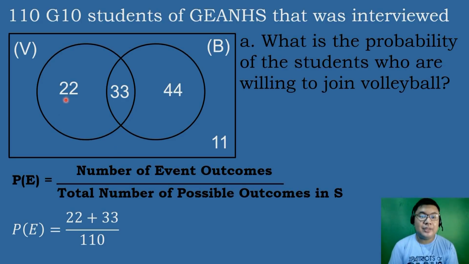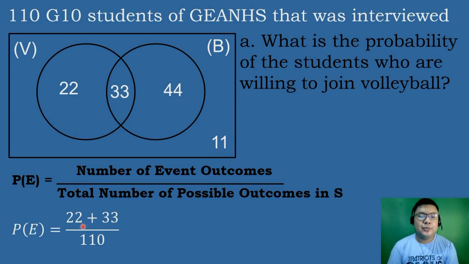We have 22 and 33. So we will add 22 plus 33, and then to get the total number of possible outcomes in the sample space, we will just add all the numbers. So 22 plus 33 plus 44 plus 11 is equal to 110, which is already given in our problem.